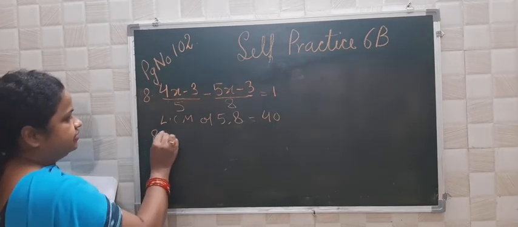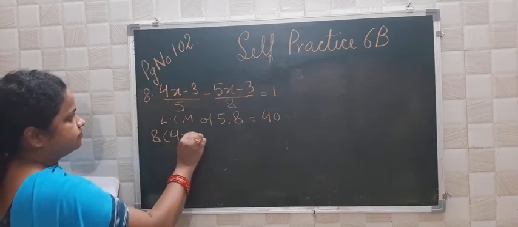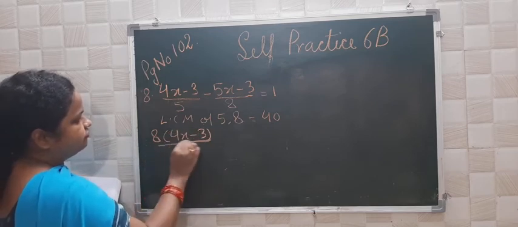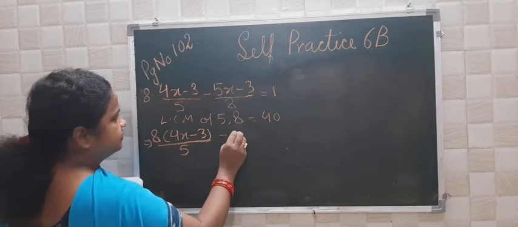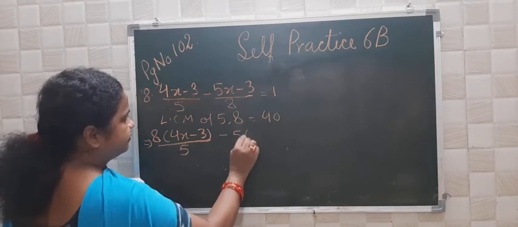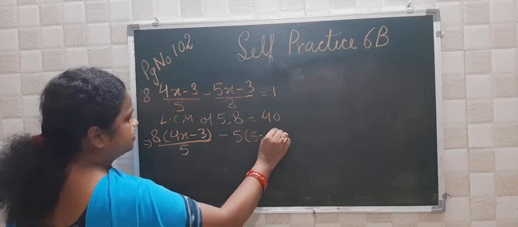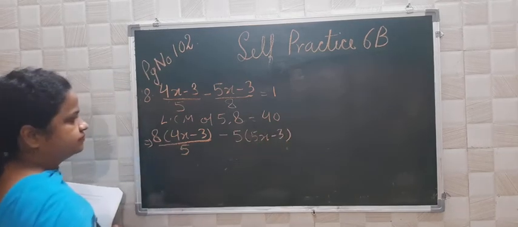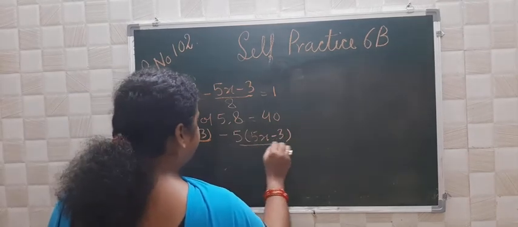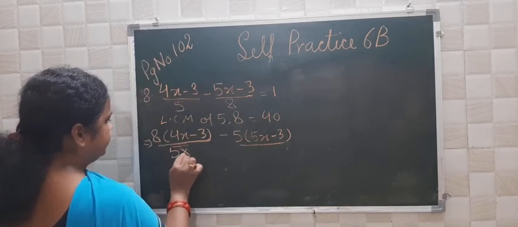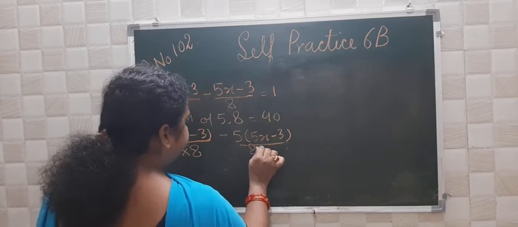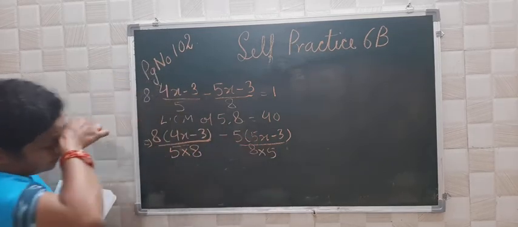So we will have 8 (4x minus 3)/5 minus (5x minus 3)/8. Here it will become 5 into 8 and here it will be 8 into 5.